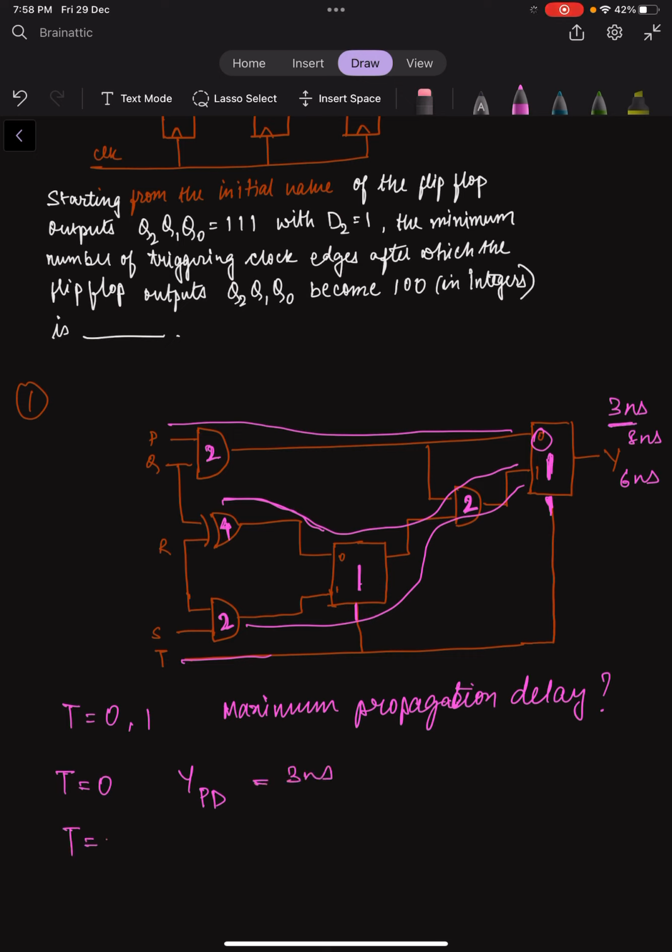When t is equal to 1, then y will depend on this and this, so basically this path is getting traced. We'll count the delay of the lowermost path, and this comes out to be 6 nanoseconds. Since we are asked the maximum propagation delay, quickly we can answer that 6 nanoseconds is our answer.